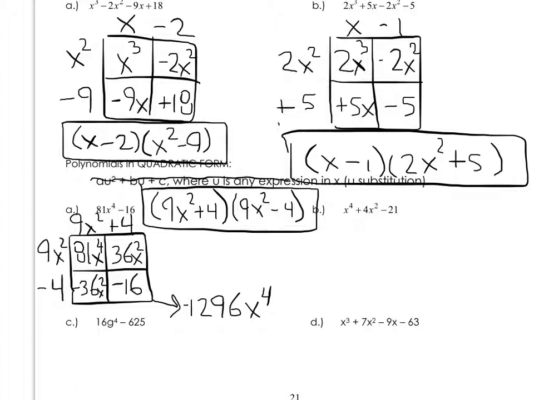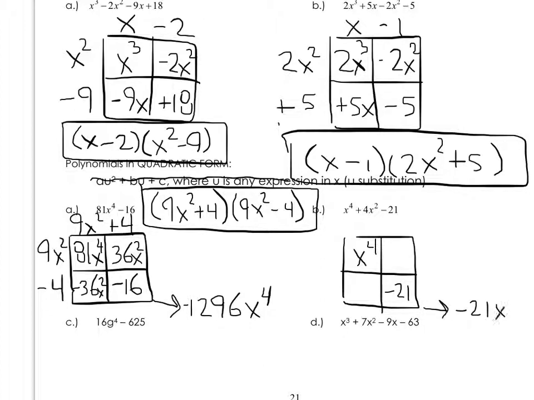Okay, let's look at B. So again, first one goes in, last one goes in, just like always. If I multiply those together, that's -21x to the 4th. I need factors of -21 that add up to 4. So that's going to have to be 7 and -3.